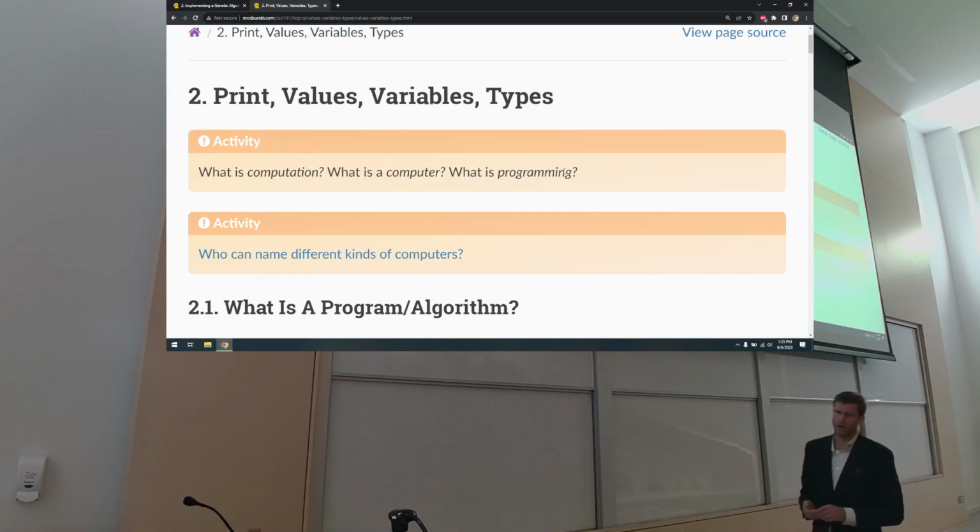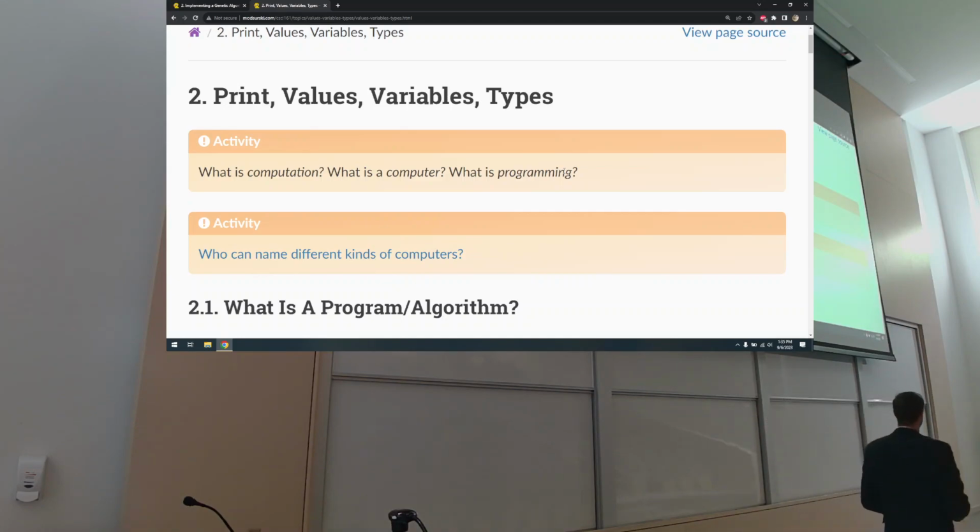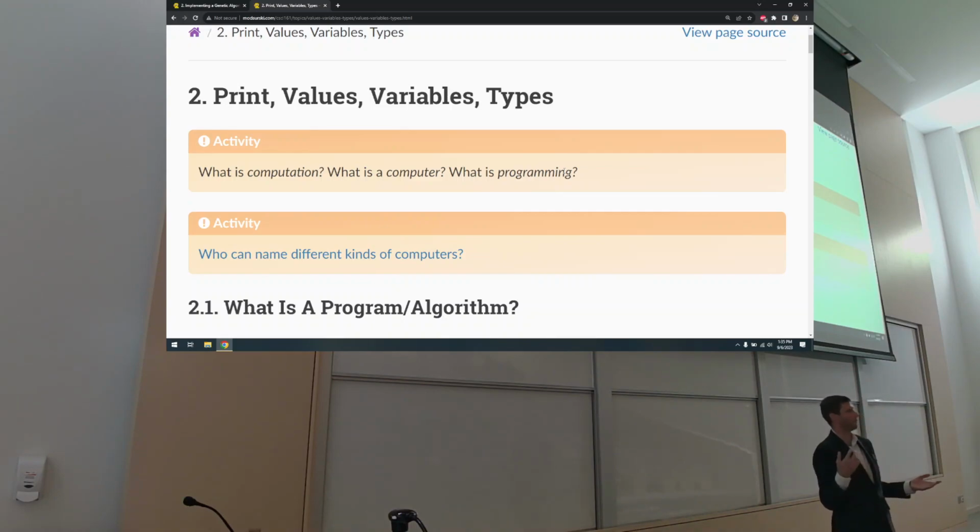Variables, those are like boxes that we can store information in for later. It could be a stand-in for a lot of things, kind of like variables in math. And types. Well, the values in the computer have different types associated with them. Like a number is different than the string hello world, right? They're different.